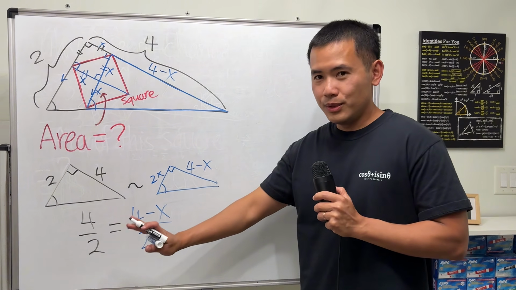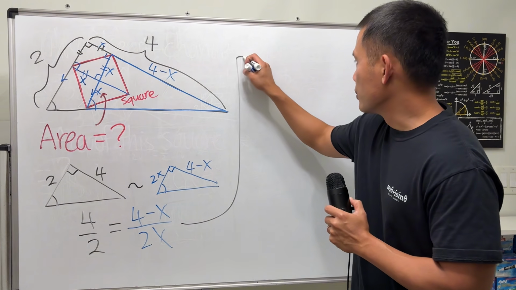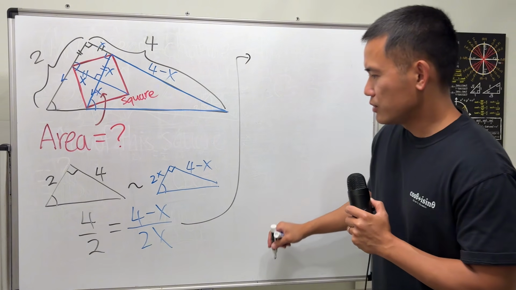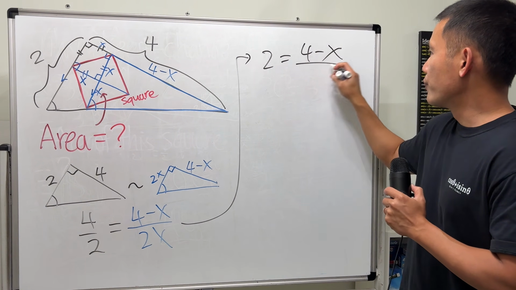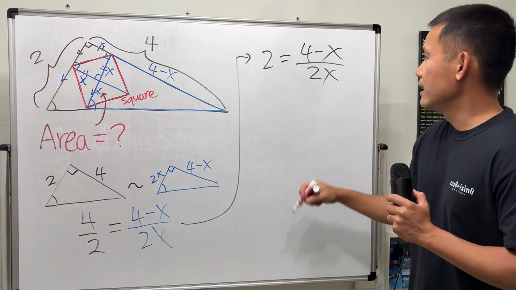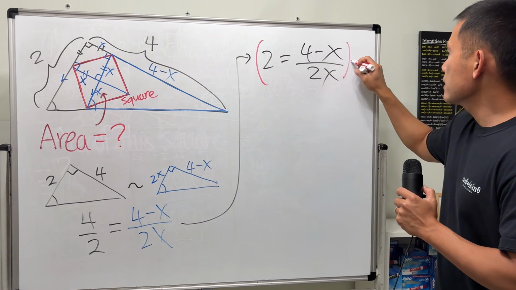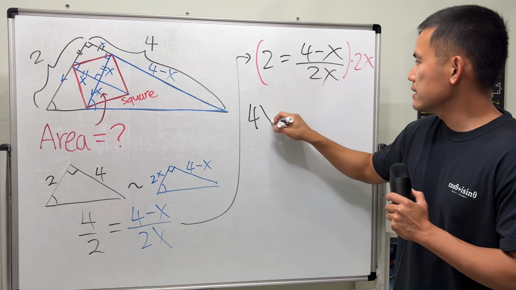Okay, and now let's just look at this equation and then solve it. That's the same as just 2. That's equal to 4 minus x over 2x. And let's just multiply both sides by 2x. So 2x times 2 is 4x.